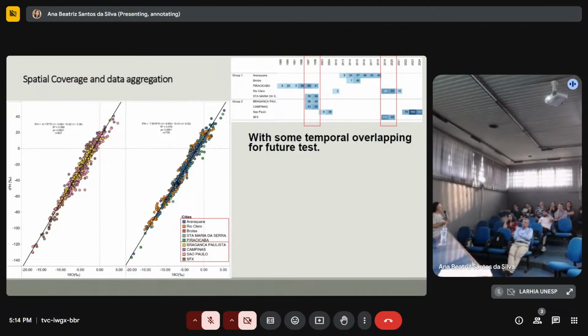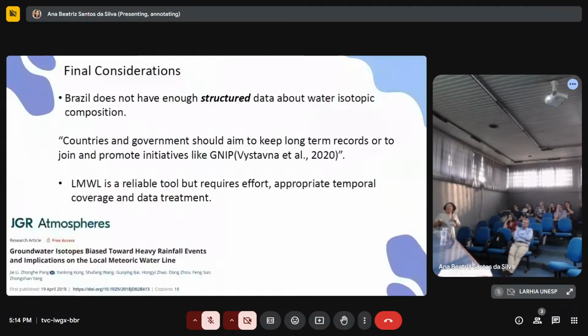It's a lot of work to assure the local meteoric water line, while we could only collect the data, analyze it, and make it available for the whole community to use in all those applications that I stated before.